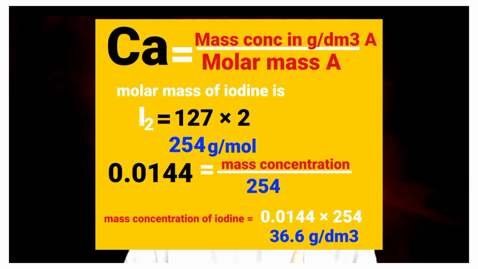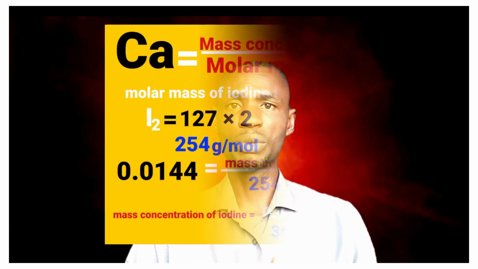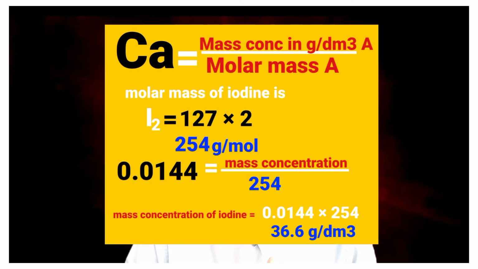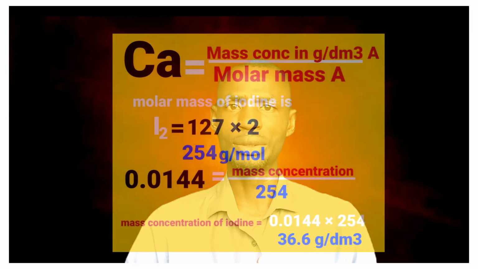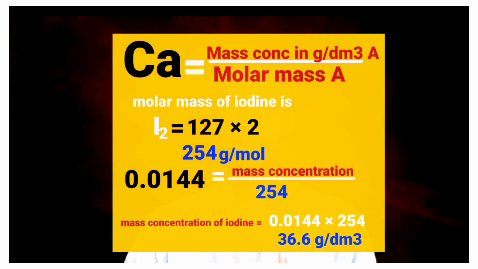And we just make mass concentration the subject of the formula, but then we are going to calculate the molar mass of iodine, and iodine is a diatomic molecule. So because of that, we are going to multiply the atomic mass of iodine that was given in the equation by 2, since 1 atom of iodine is 127.